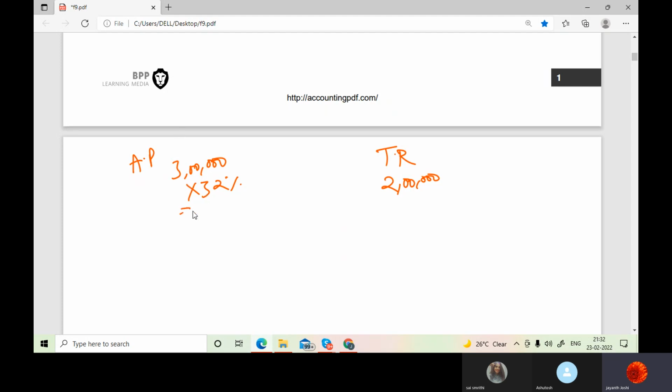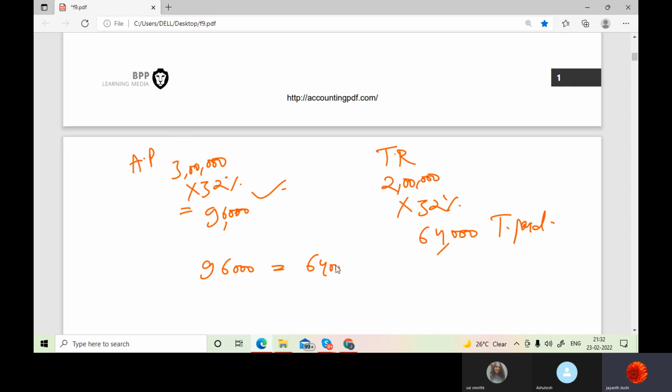It is 96,000. This is the tax provision, and here on 2 lakhs at 32%, it is 64,000. This is the tax paid actually. So income tax expense is 96,000 and you have paid 64,000. The difference is 32,000. That is nothing but your deferred tax liability, DTL, which will reverse in the future.